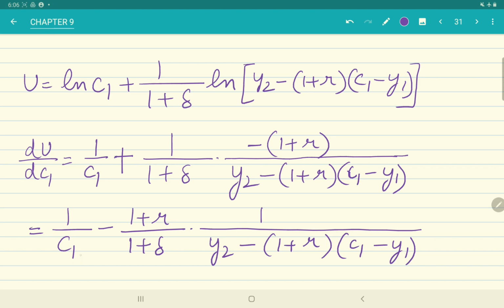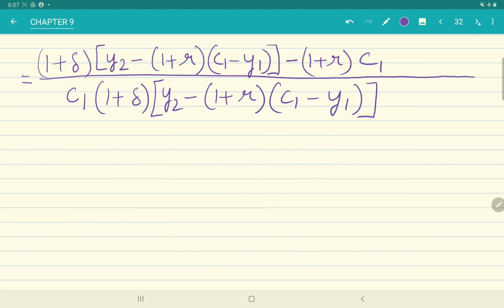So first we just think of this, and then we have all of this. So it's first 1 plus delta, then this expression, and then minus (1 plus r) multiplied by c1. So it's this.